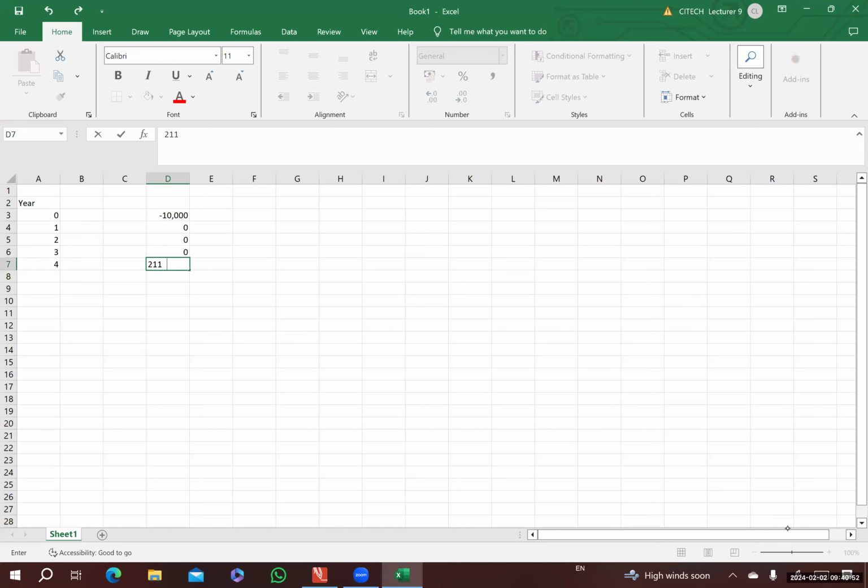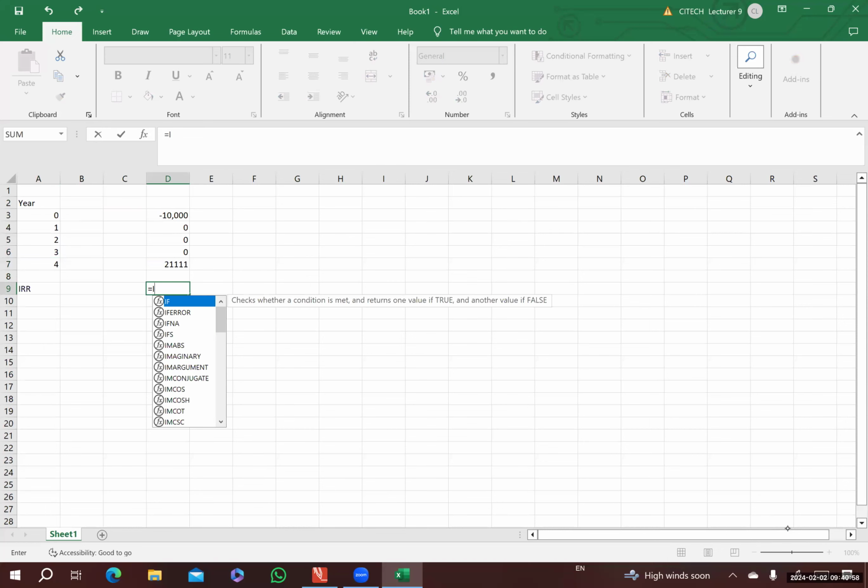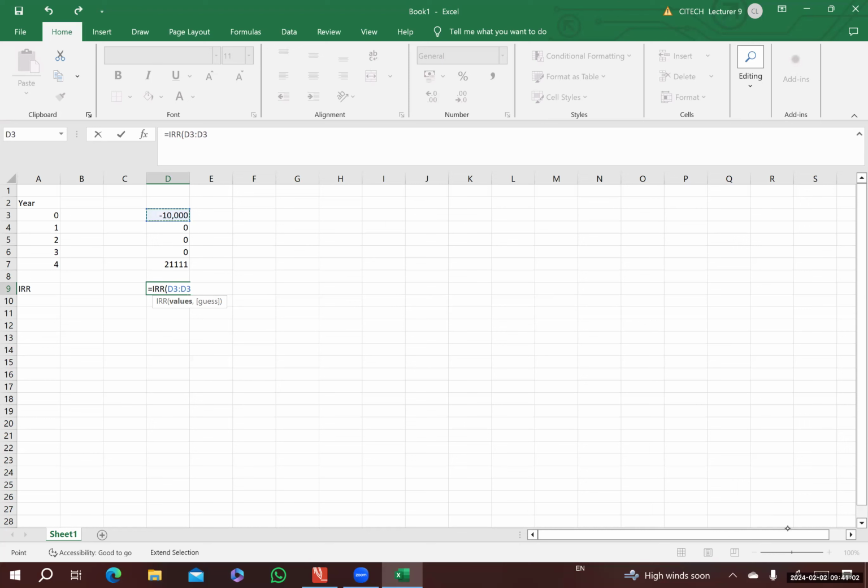Year 4 is 21,111. Then I want to find IRR. Equals IRR, open bracket, discount from year 0 until year 4. 21%. You can increase or reduce the decimal, up to you.